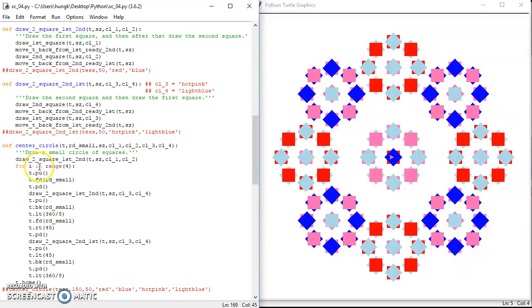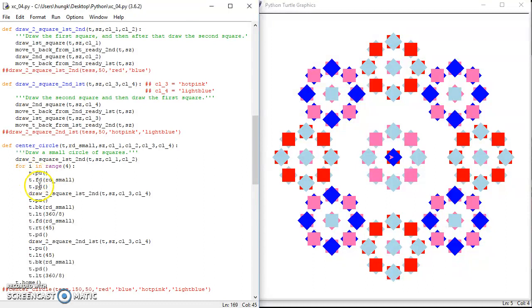And the code will be the first one we draw, like we can see this one right here. We have the first square on the bottom and the second square on top, so it should draw the first square and then the second here, and then here is the for loop in range 4 because we repeat this four times only.